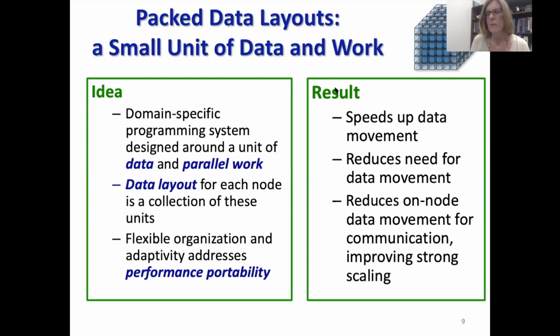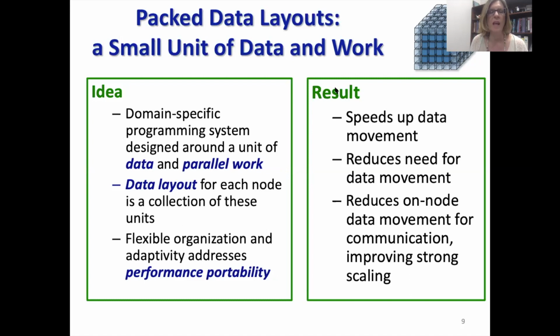The idea is to build a domain-specific programming system around the notion of packed data layout, which is a collection of many subdomains, each representing the smallest unit of aggregate data and parallel work. So the data layout for a node is a collection of these units.